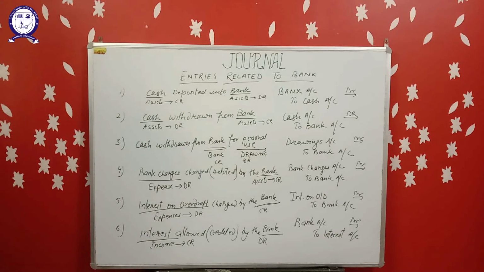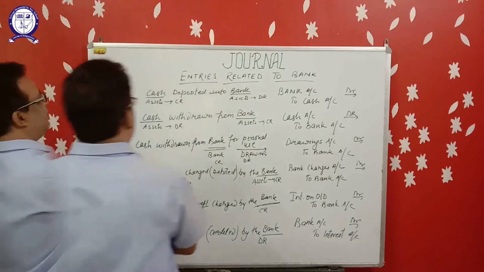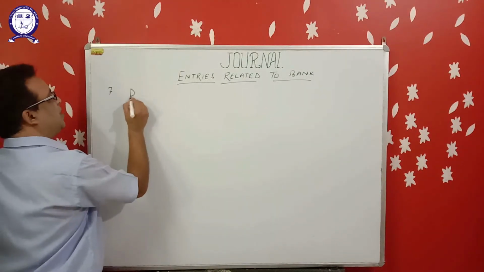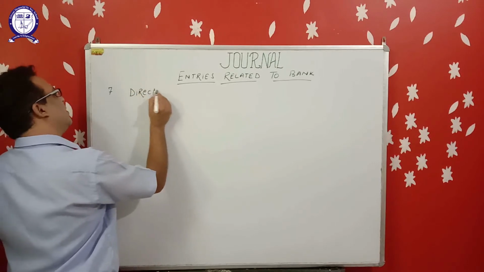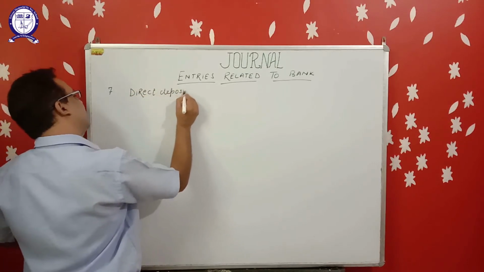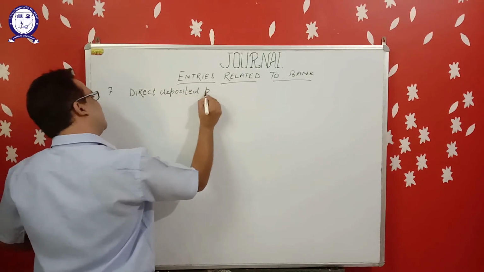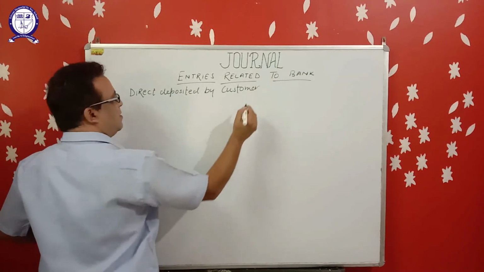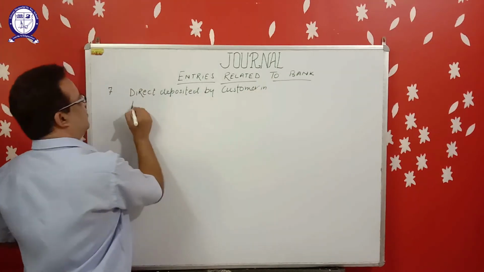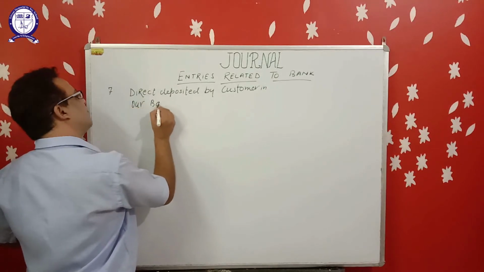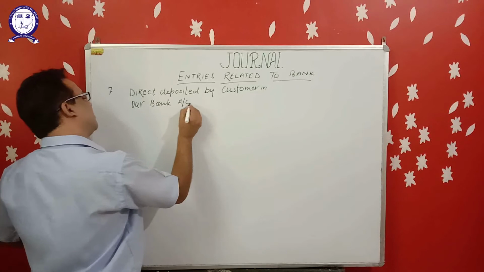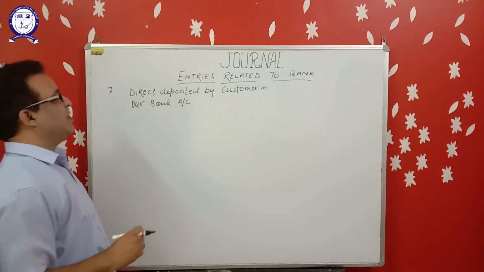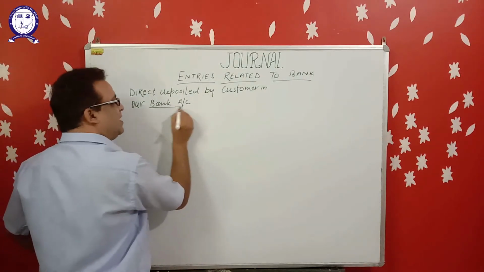Let us understand some more journal entries related to bank. Next transaction, direct deposited by customer in our bank account. When a customer deposits some amount directly in our bank account, our bank balance will increase.